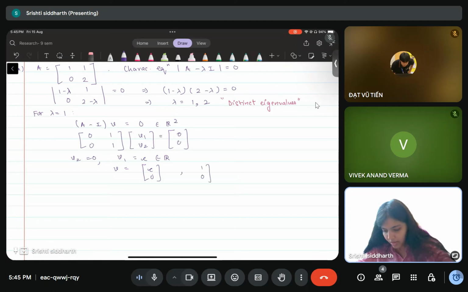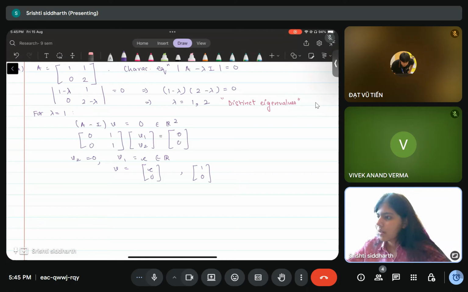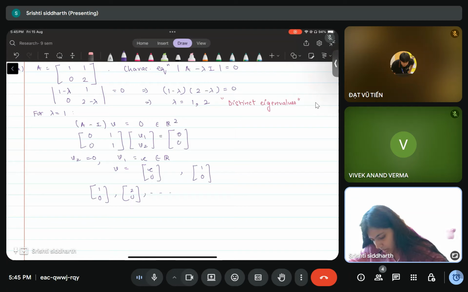In the simpler case, it's the unit vector (1, 0). So all of the eigenvectors such as (1, 0), (2, 0), in the positive direction or here.